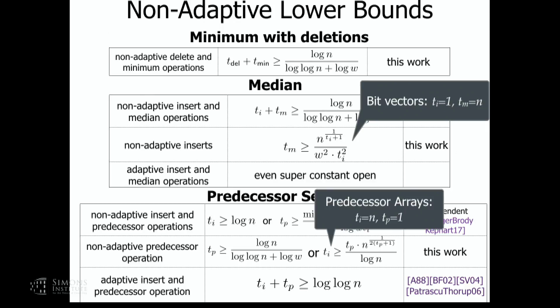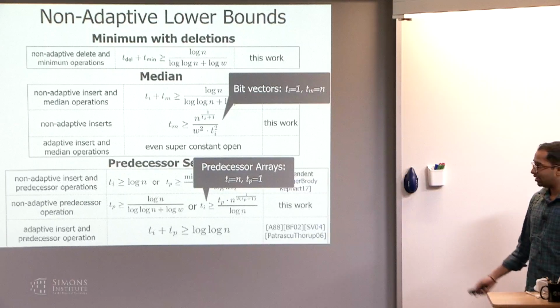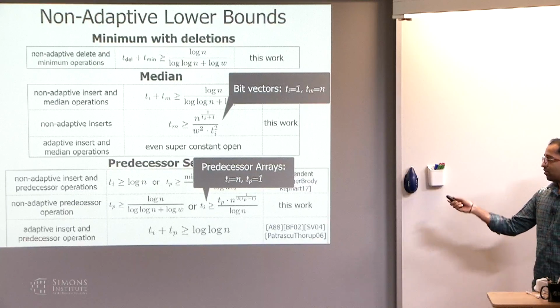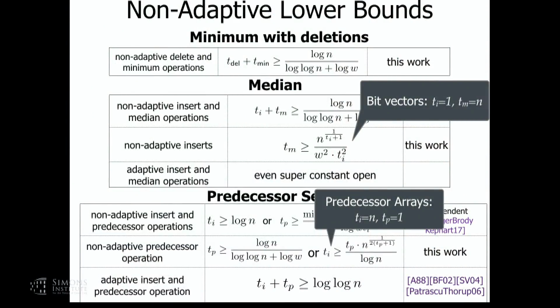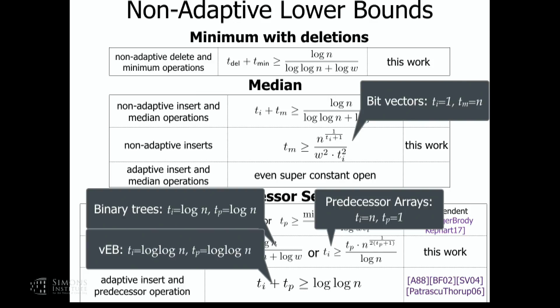And in the case of predecessor arrays, when the predecessor computations are constant time, you have a linear upper bound, and the lower bound says you're polynomial when you have constant time to compute the predecessors. And binary search trees correspond to a setting where both the predecessor computation and the insertions are log n. Okay, and this is the van Emde Boas structure.